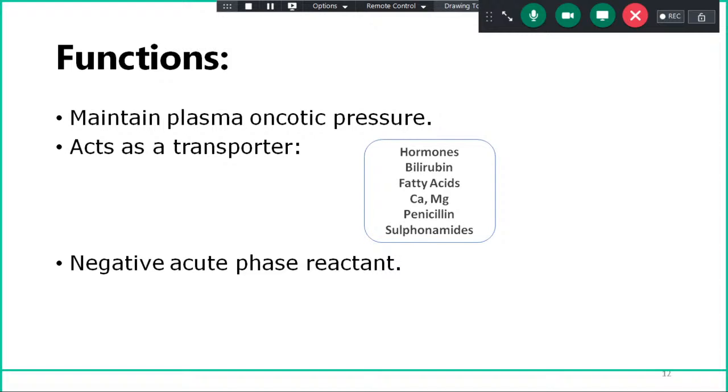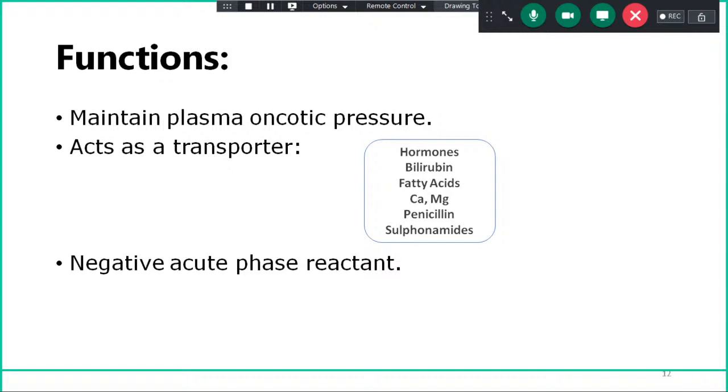For example, C-reactive protein and various other globulins are examples of positive acute phase reactants. And for negative acute phase reactants, albumin is the most important example. Other examples are transthyretin and beta transferrin.